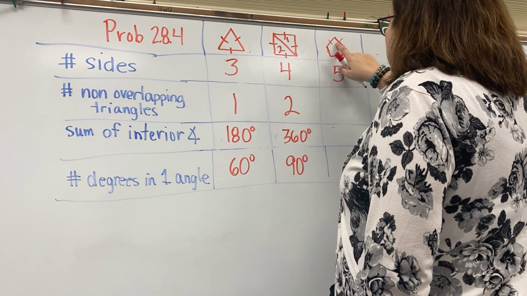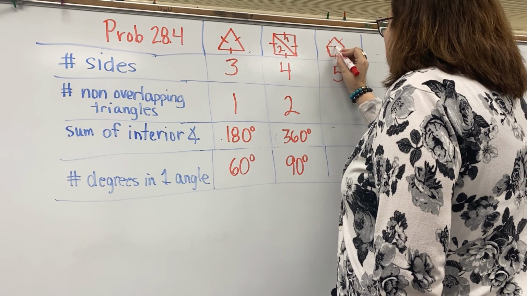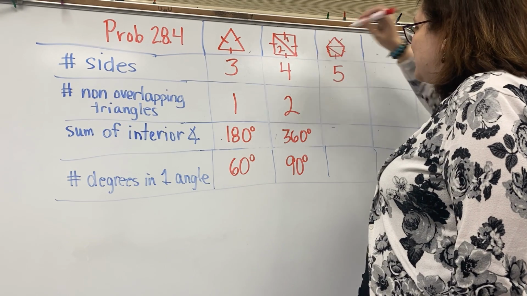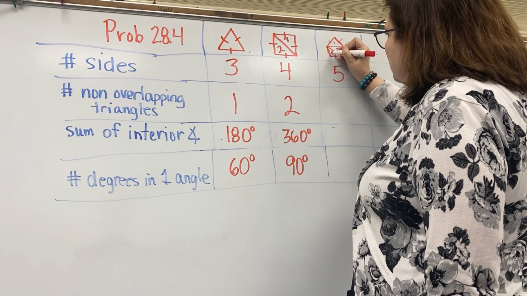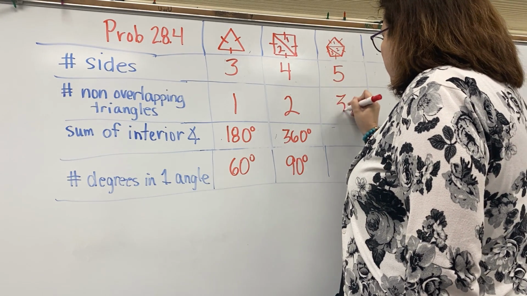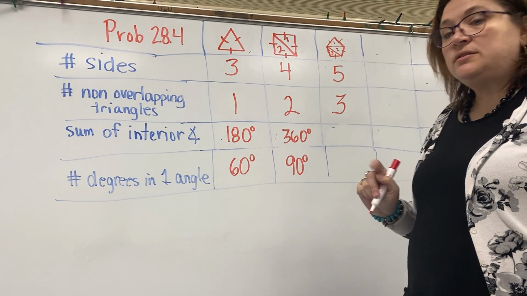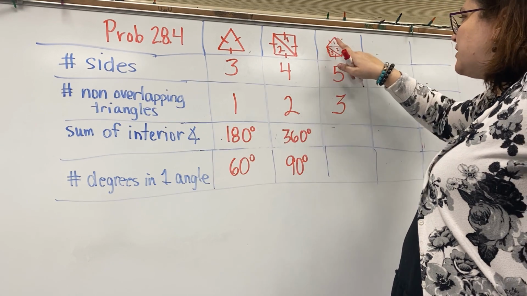Well, see if I can draw these in here. They come from the same vertex. I've got 1, 2, 3. I got 3. So if I have 3 triangles, how many total degrees do I have? The sum of the interior angles.